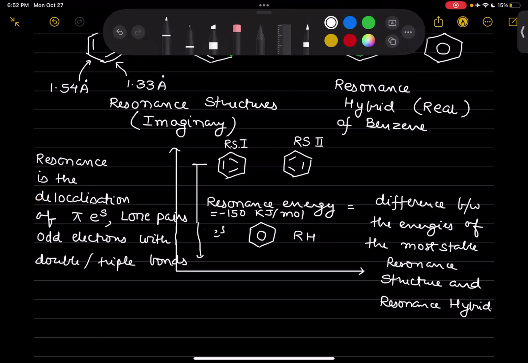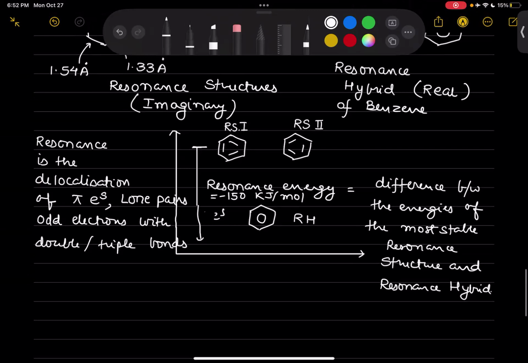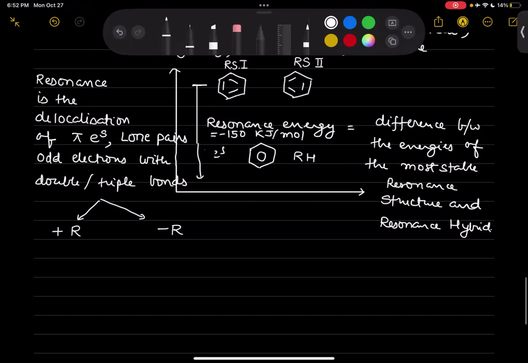And there are groups which can give electrons through resonance, which can give the lone pair; they are called plus R. The groups which can pull the electron through resonance are known as minus R groups. Got it? Clear?